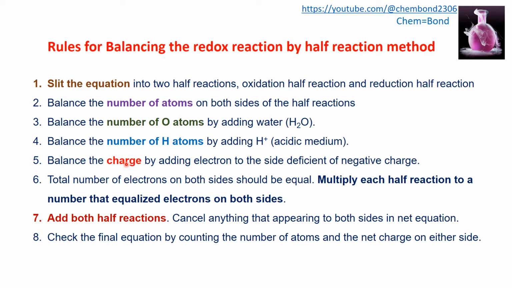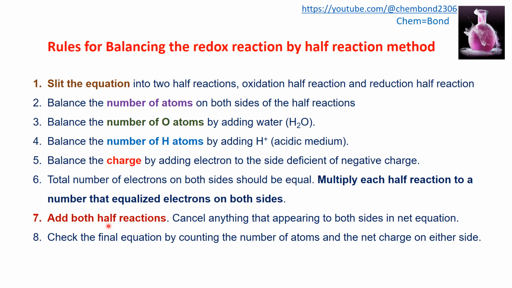After that we will balance the charge on both sides of the equation, and we will add electrons to the electron deficient or negative charge deficient side of the reaction. The total number of electrons on both sides should be equal. It means that we will multiply each half reaction by a number that will equalize the electrons on both sides of the equation.